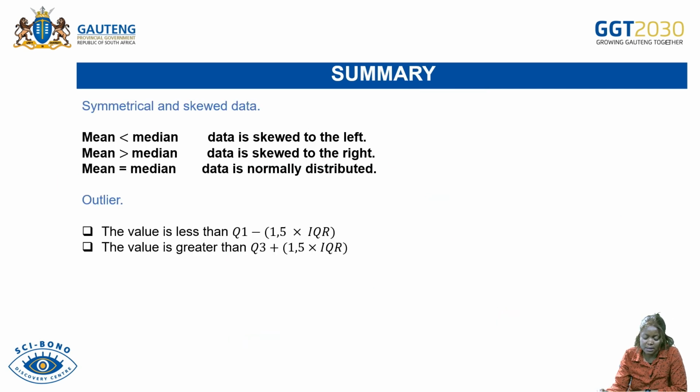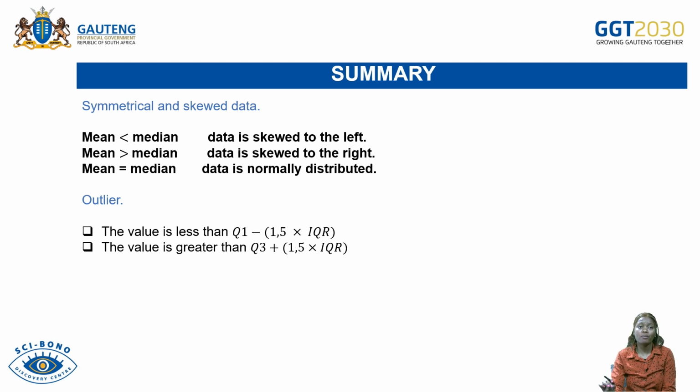Okay. In summary, you should know how to find your standard deviation using the equation, and also finding the standard deviation when you are using your calculator. And then for symmetrical and skewed data, you must know that if your mean is less than the median, then your data is skewed to the left. If your mean is greater than the median, then your data is skewed to the right.